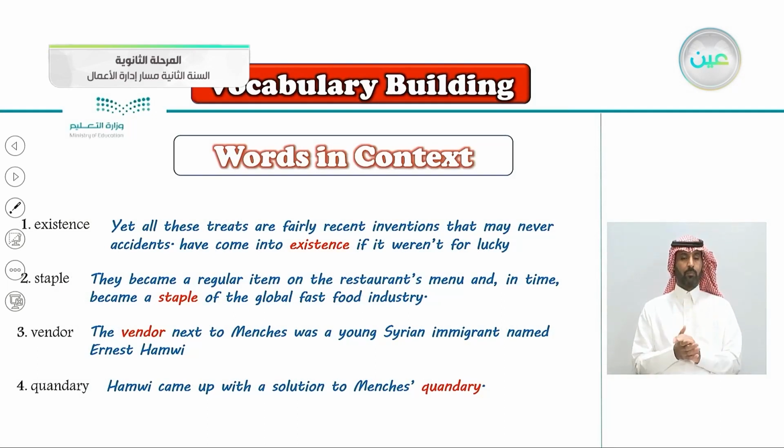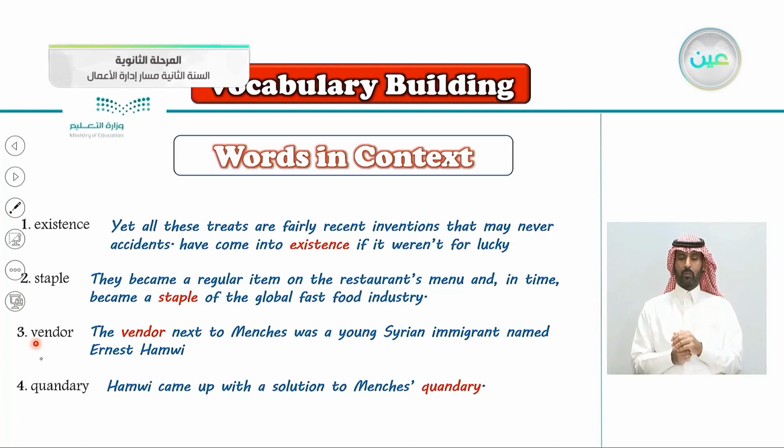taking next lesson. The word existence: "Yet all these traits are fairly recent inventions that may never have come into existence if it weren't for lucky accidents," and so on. Staple: "They became a regular item on the restaurant's menu, and in time became a staple of the global fast food industry."